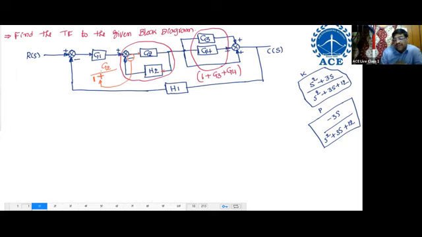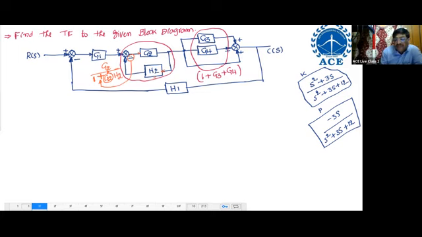The numerator term, as it is, write in the denominator, that is G2, as a product with the feedback gain, that is H2. Wherever a loop comes, that is the simple logic.